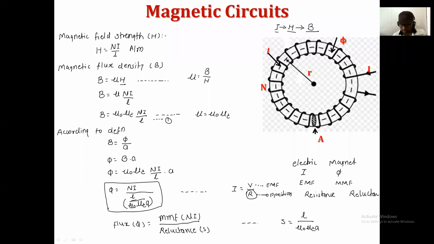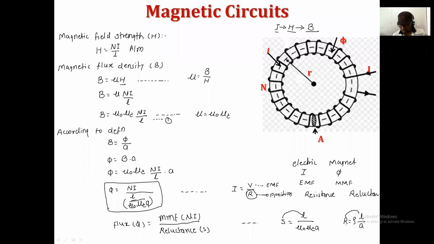Now you can compare. What is this analogous to? R. Do you remember the formula for R? R is equal to rho L by A. So in the DC circuit, the resistance is directly proportional to the length. In the magnetic circuit also, the opposition, meaning reluctance, is directly proportional to the length.